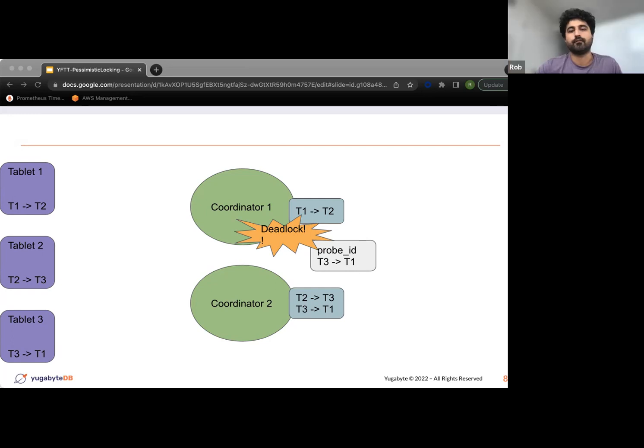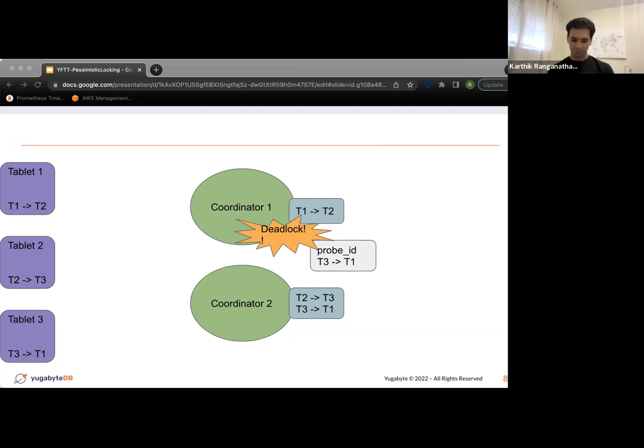Yeah, so great question. And some of this is subject to tuning as our database evolves, and will change over time. But the way it will work most immediately is that the coordinator will get fairly real-time updates from the tablet about which transactions are waiting.